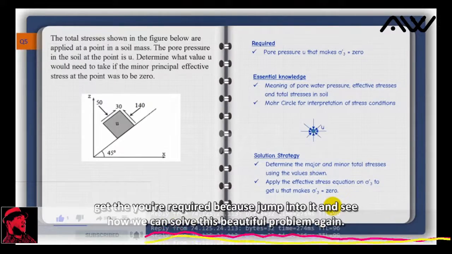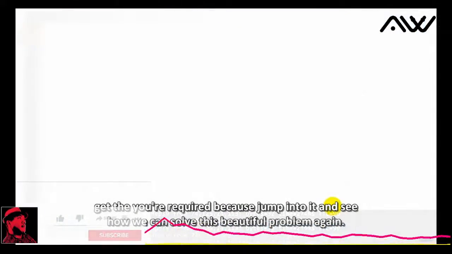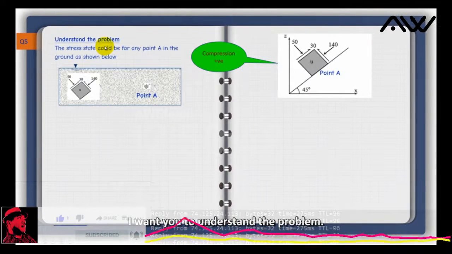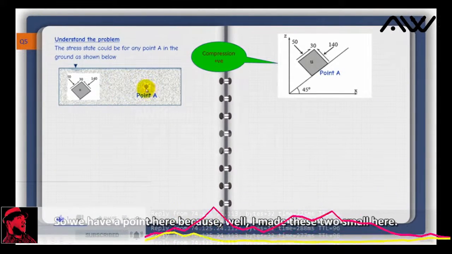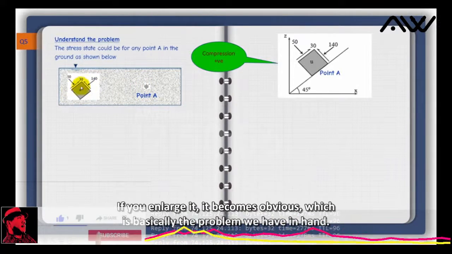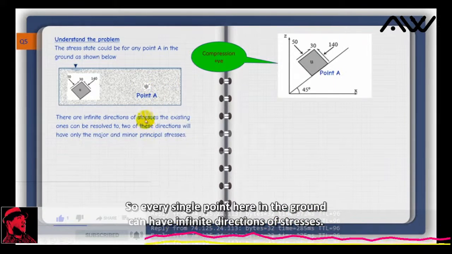Let us jump into it and see how we can solve this beautiful problem. Again, this is a problem. I want you to understand the problem. So we have a point here. This is why I made this too small here. If you enlarge it, it becomes this, which is basically the problem we have in hand. So every single point here in the ground can have infinite directions of stresses.